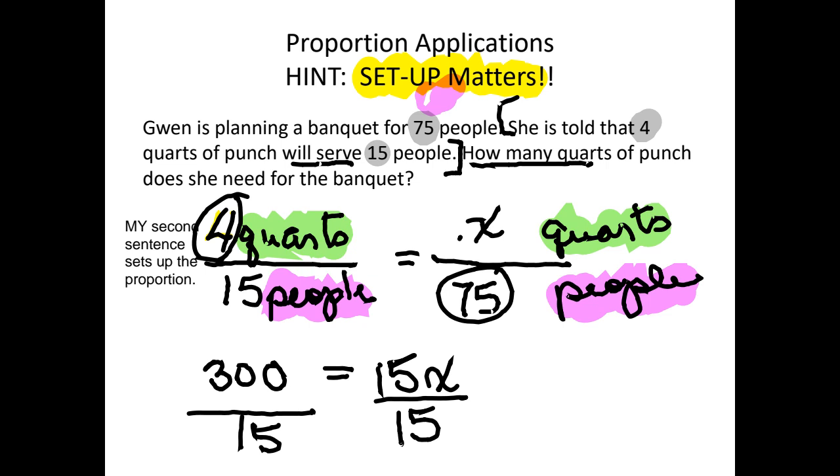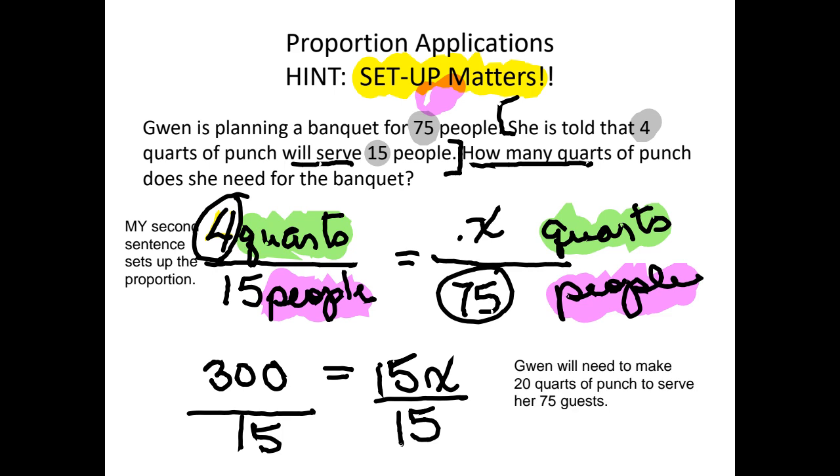Gwen will need to make 20 quarts of punch to serve her 75 guests.